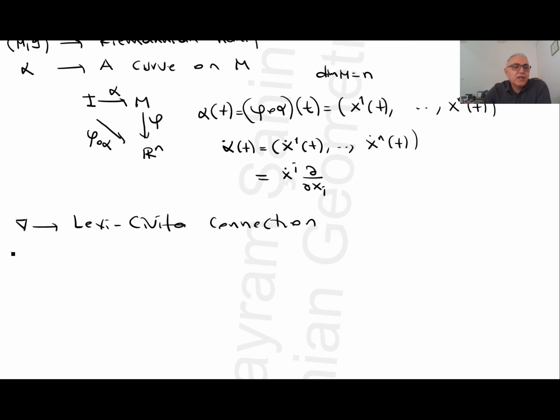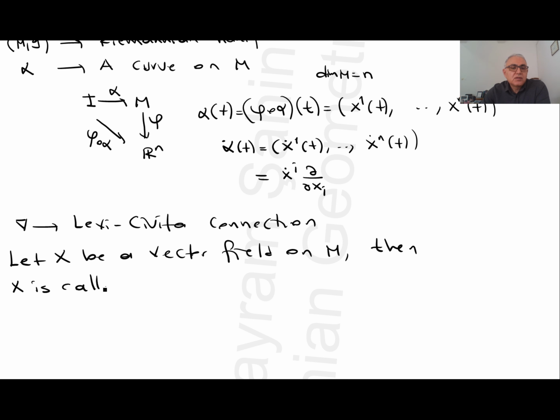So if you have, let's say, X a vector field on M, then X is called parallel along curve alpha if nabla of alpha prime of t applied to X is 0.